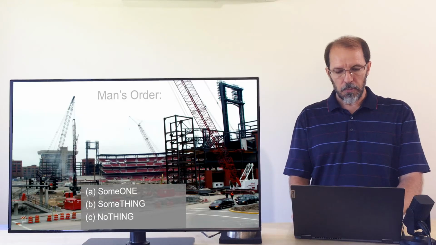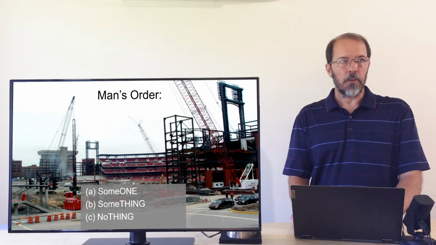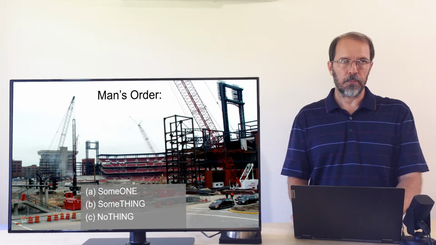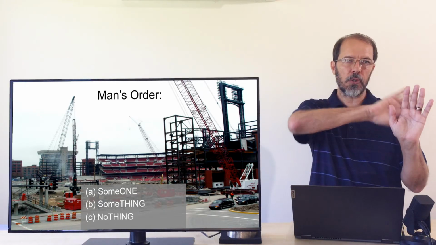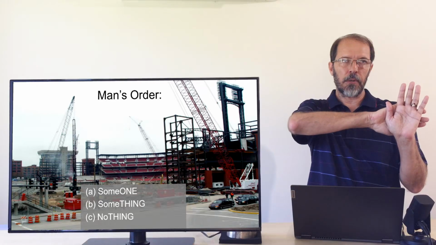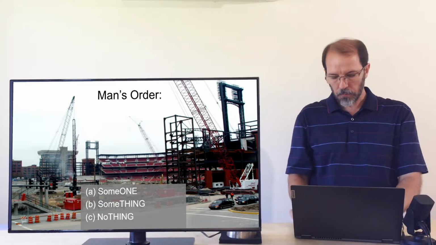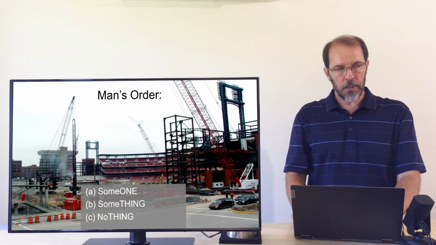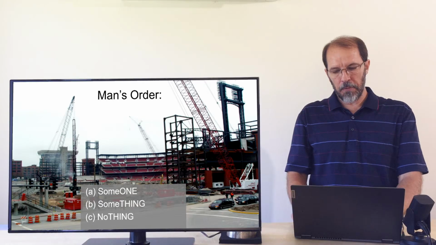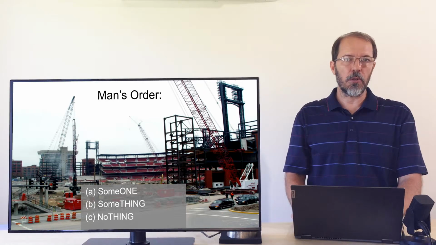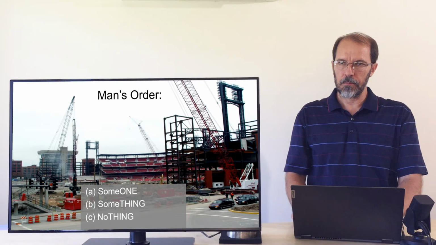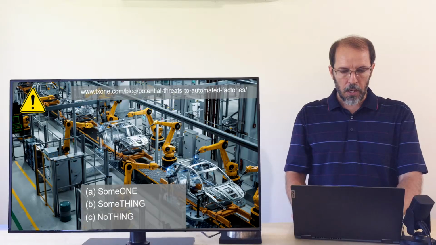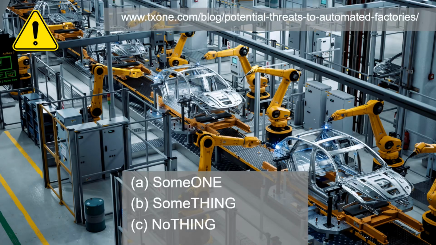Good. So, where did the order come from? What was the cause behind the prototype? Was it someone, or was it something, or was it no thing? Just a reminder. And also the automatic production line, was it someone, or was it something, or was it no thing?